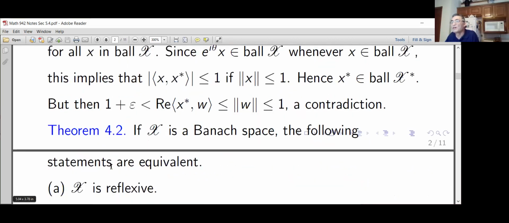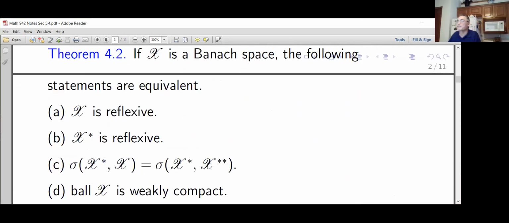Now we come to the central theorem of this section. If X is a Banach space, then the following statements are equivalent. A, X is reflexive.